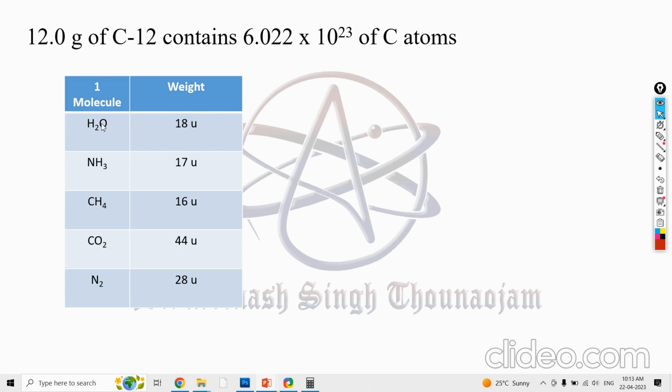So if you take one molecule of water, oxygen and hydrogen, we measure its weight in unified mass units. Hydrogen has mass 1 u, oxygen 16 u, so the water molecule is 18 u. Ammonia molecule is nitrogen and three hydrogens, and methane is 16 u.